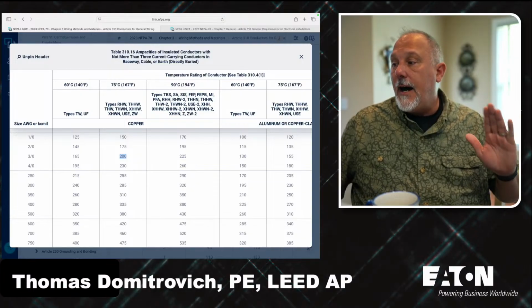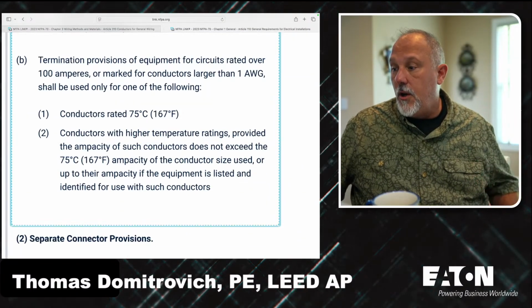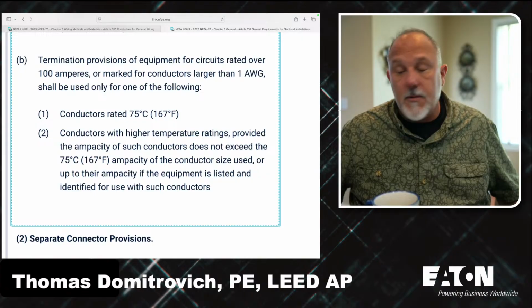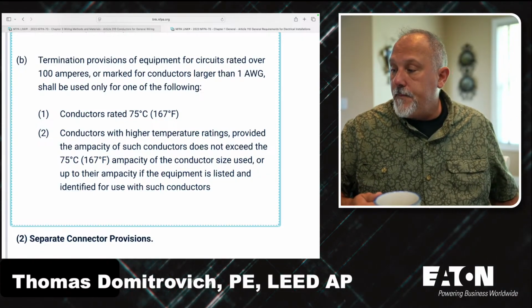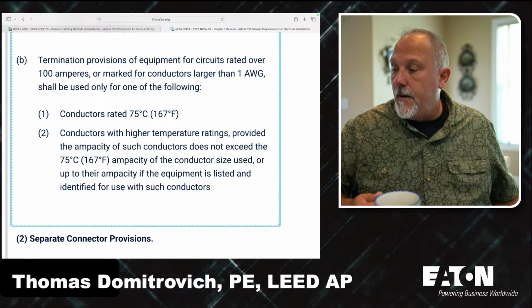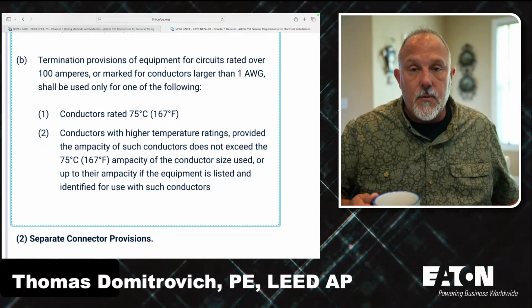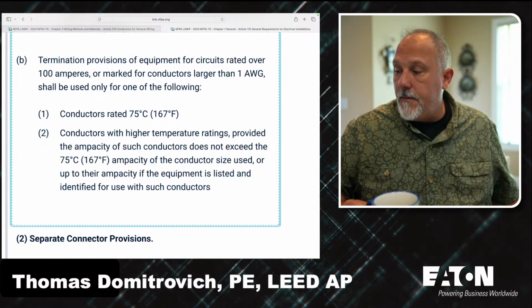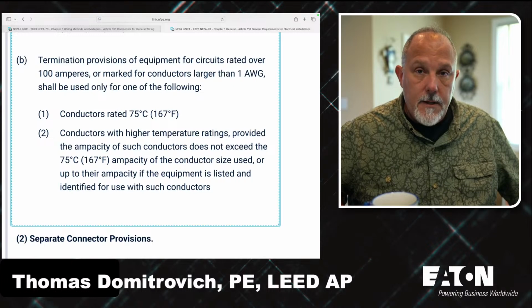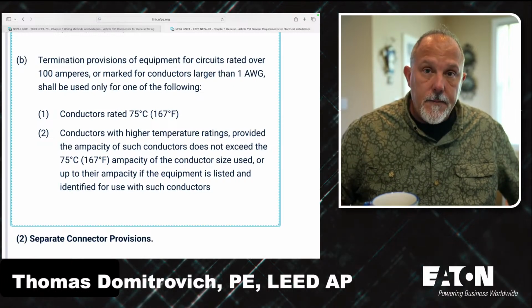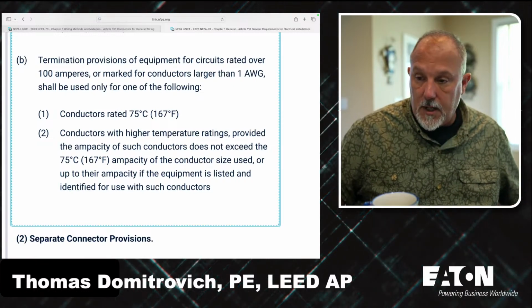So I have heartburn with this language right here, which I'm going to make some public inputs to try to modify. I have ideas on what I think it should say, but to tell me that I can't have an ampacity greater than 75 degrees C, I know what they mean, but what they wrote is not what they mean.